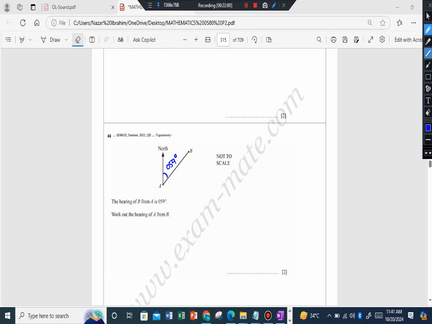Now the requirement of the question is to work out the bearing of A from B. So first we will make a north line from B. Wait, let me make that first.